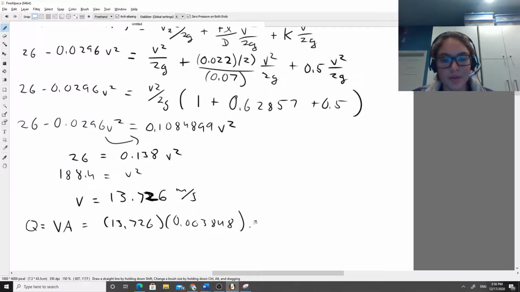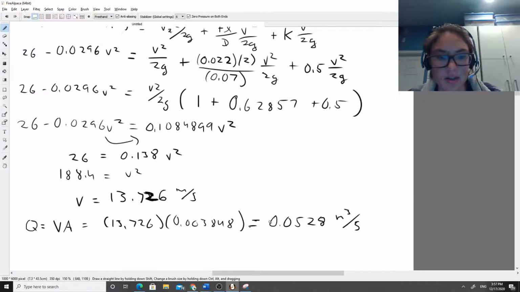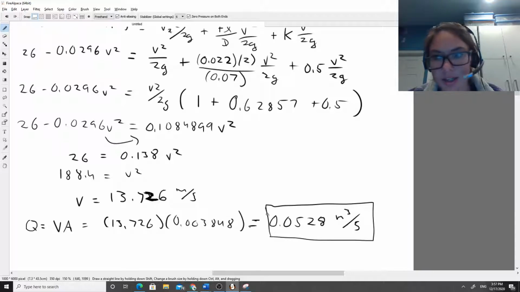And we get our volumetric flow rate, which is going to be equal to 0.0528. That's going to be meters cubed per second. All right, that's part A accomplished.